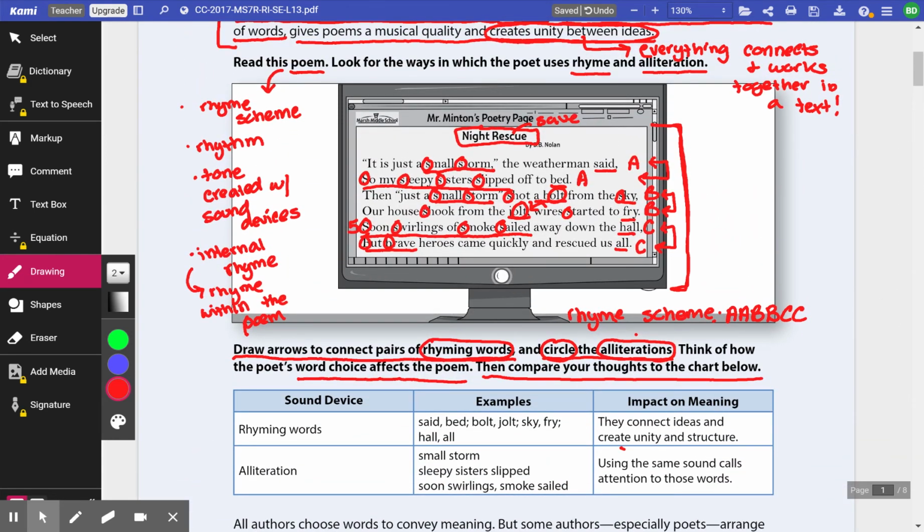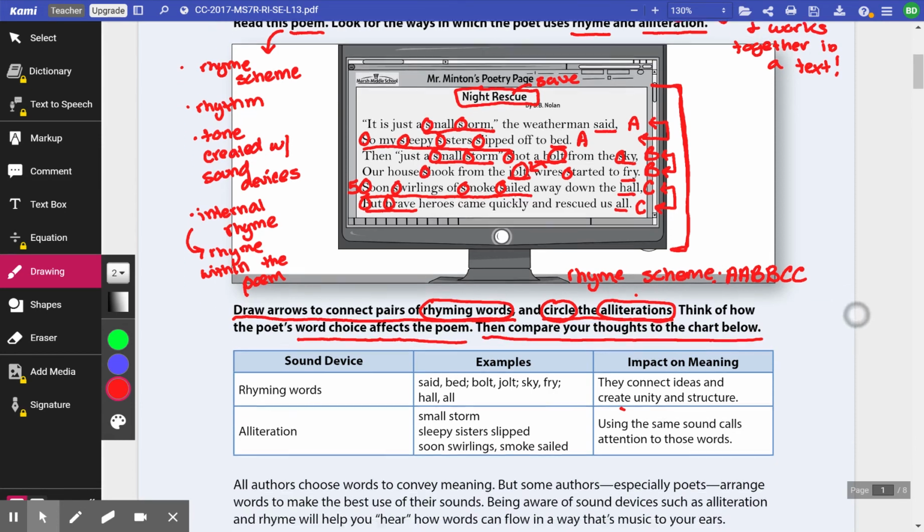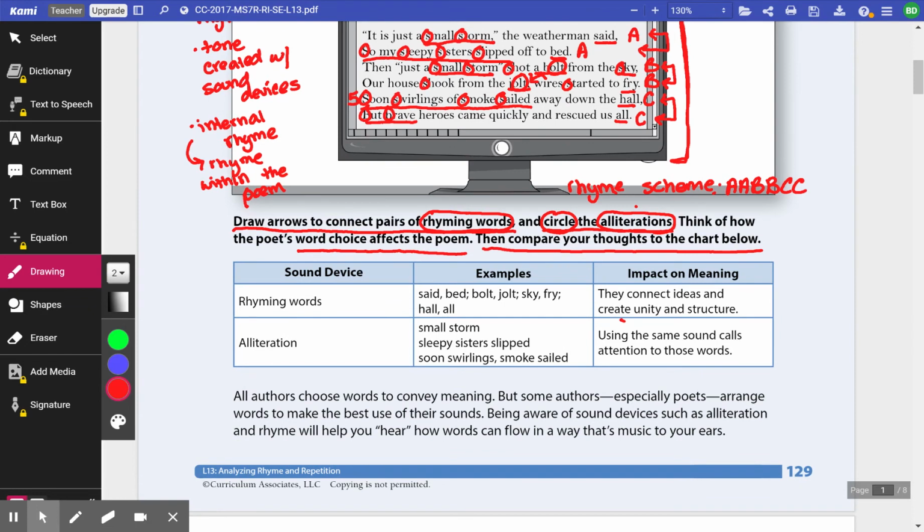So, just looking at the poem, I've noticed that S sound, I want to say that S is all over the place. So it's calling my attention to certain words. The rhyme at the end, I would say it's definitely there to help us make meaning, and maybe even help with the tone. So just keeping those things in mind, let's go ahead and look at the chart.